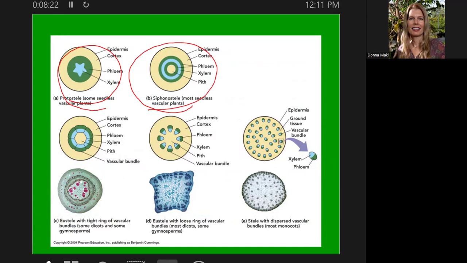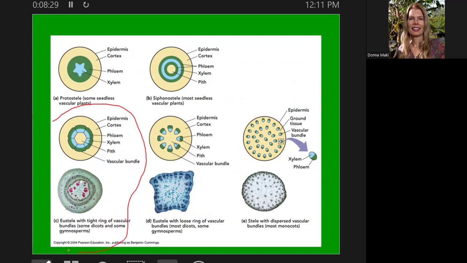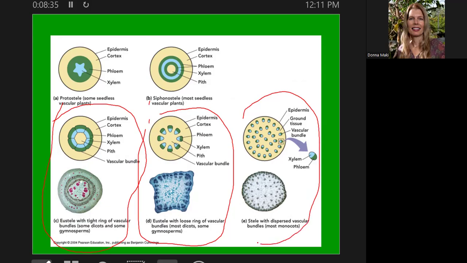But because those are seedless vascular plants, we're not going to talk about them just yet. So we're looking at this idea here, okay? And then the monocot's on the far right. And then there are some variations of the dicot. They call it a U-stele. But basically it's this idea of a ring of tissue.